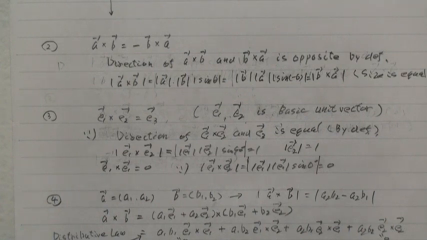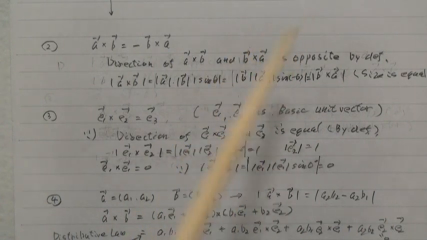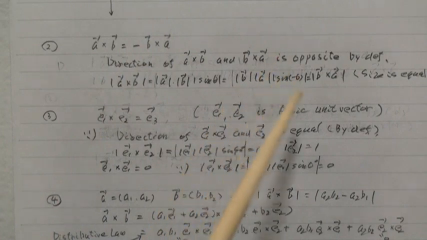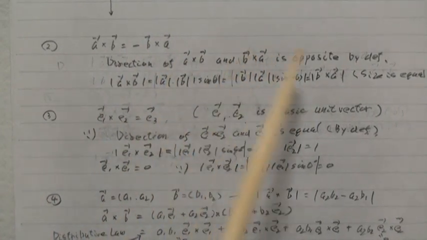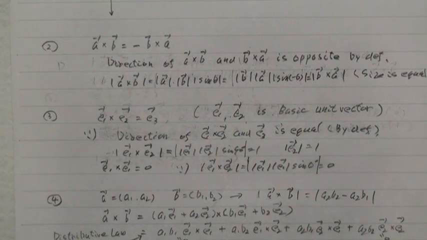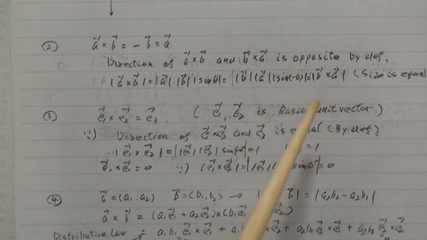And this is, the absolute value of sine theta equals the absolute value of sine minus theta, and this is definition. The absolute value of B outer product A, and the size is equal.